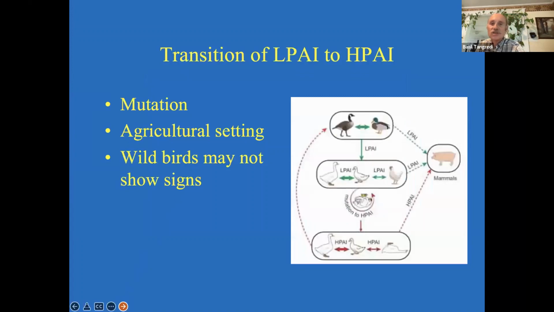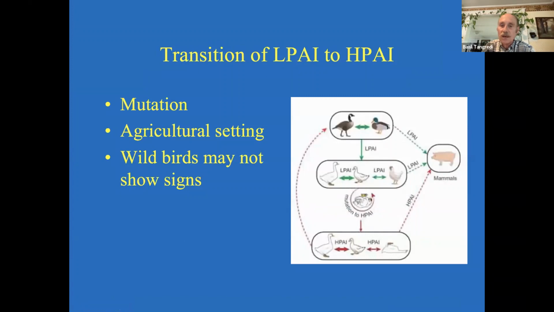Okay, now the transition from low pathogenicity to high pathogenicity, that's an actual mutation. So that's genetic drift, not shift. But this happens, notice, in the agricultural setting. Mutation to HPAI happens here, not in the wildlife. Now, the wildlife can pick up HPAI from these birds, especially once they contaminate the environment.